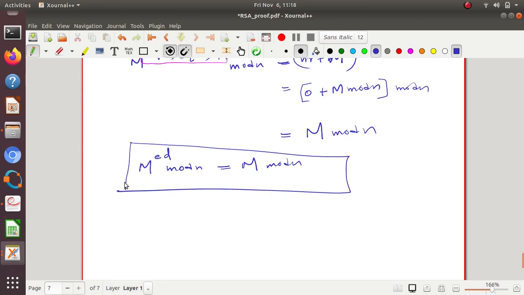So this is our proof: m to the power ed, which is the same as c to the power d mod n. So this is our proof for the RSA algorithm. For encryption we are using one key, and for decryption we are using another key.